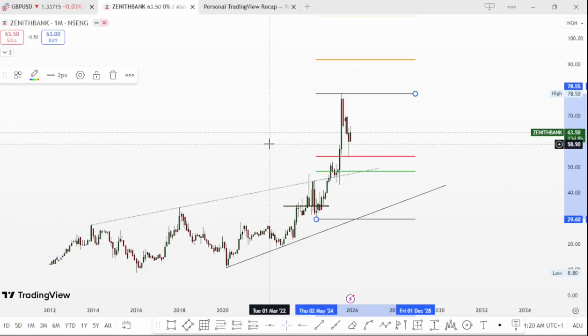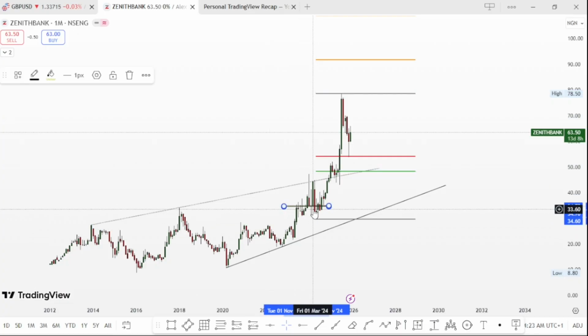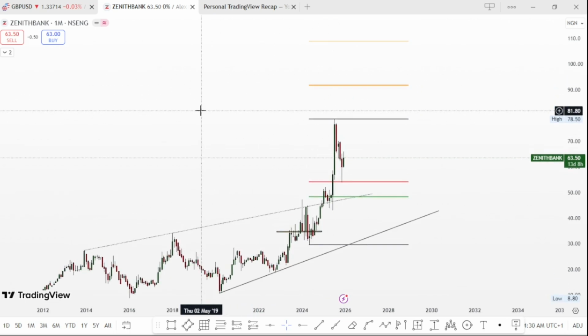I bought some shares somewhere around here, in this resale region, and then I'm breaking to the upside. That was all.